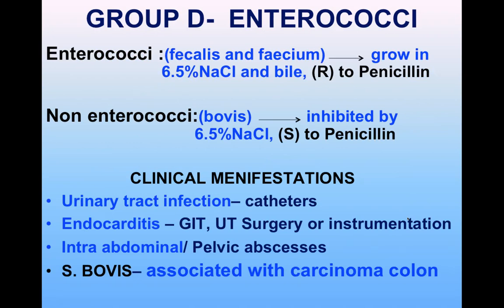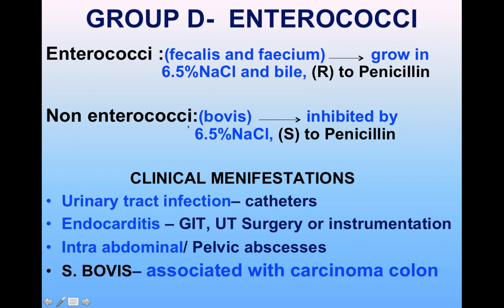And now I'm going to show you another slide on enterococci, which are group D streptococci. The importance of these streptococci is basically related to the infections which they produce. Enterococci can be Faecalis or Faecium, which grow in the presence of bile and 6.5% sodium chloride, but they are resistant to penicillin, which is something important.